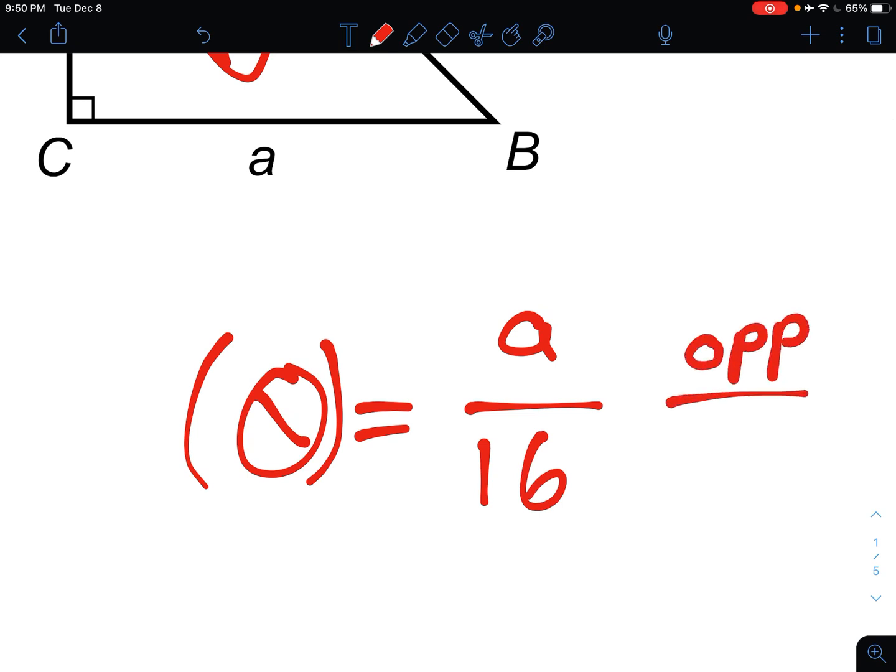Opposite over hypotenuse. And we'll pretend like we're watching Dora today. So I'll just ask you guys some questions, and you can pretend to answer me, even though I really can't hear you because this is a recording.